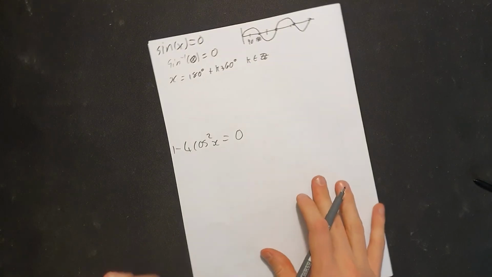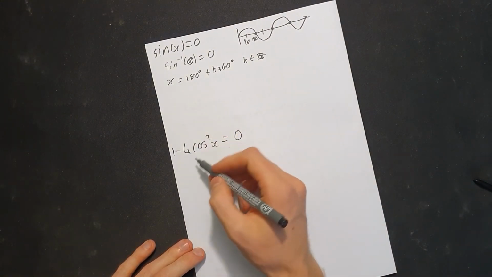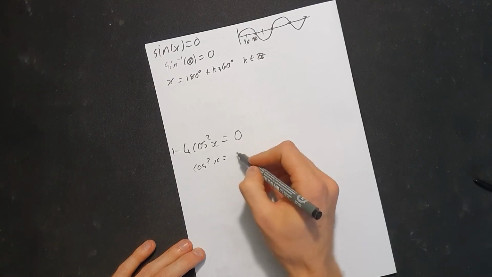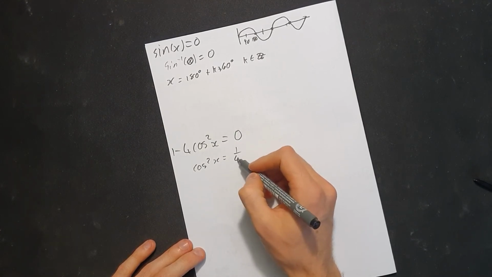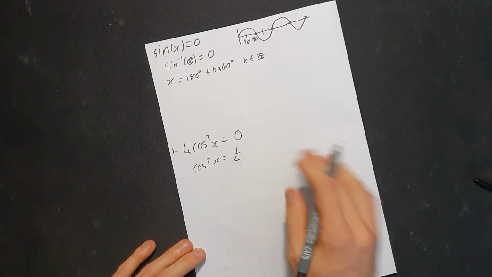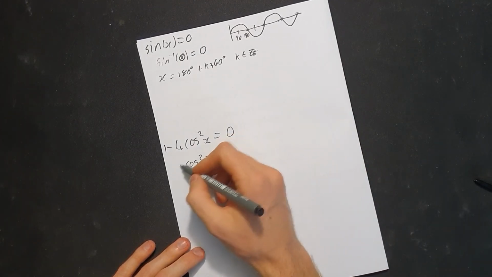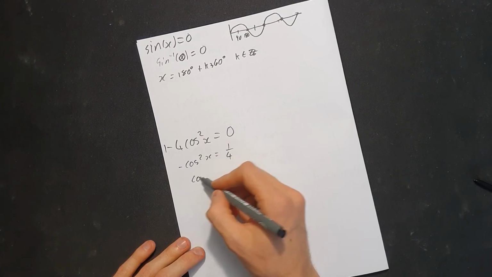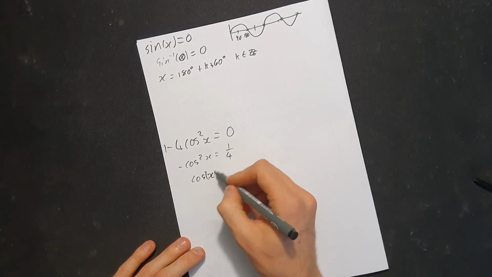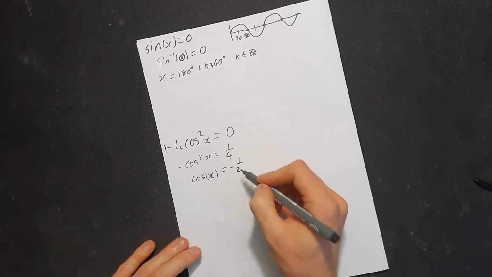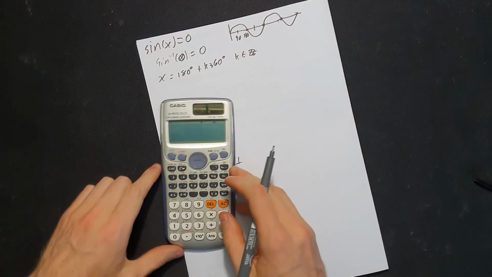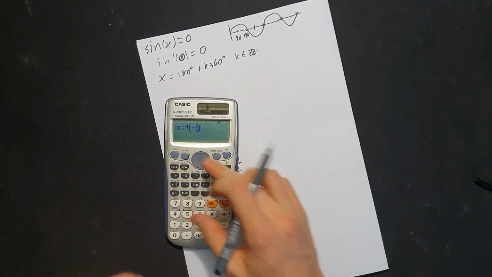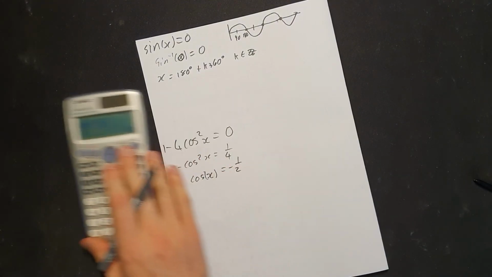Now, if we sort out this over here, we're going to get cos squared x equals 1 over 4, and then if we sort that out, this is still going to be negative, so if we square root, we're then going to get cos of x equals negative a half. So now if you plug that into your calculator, shift cos of negative 1 over 2, you're then going to get 120.